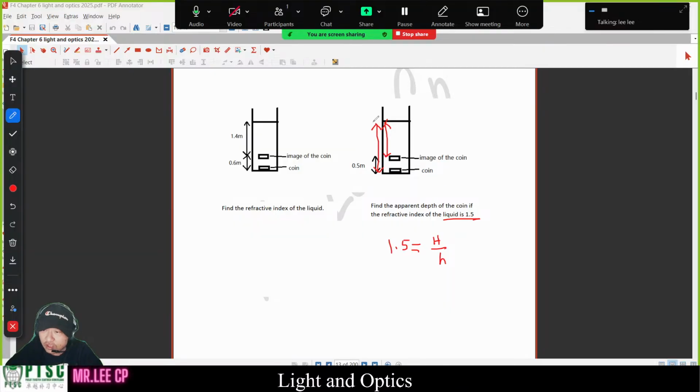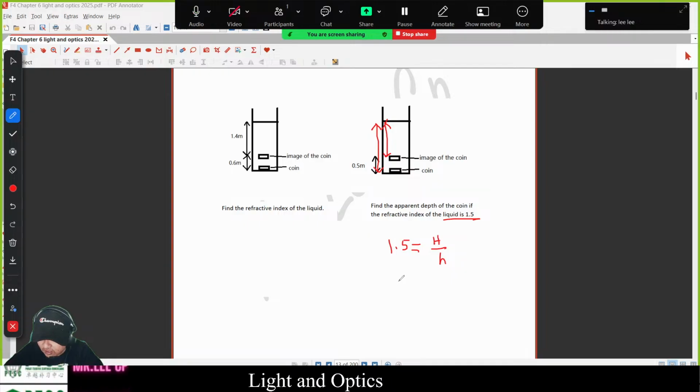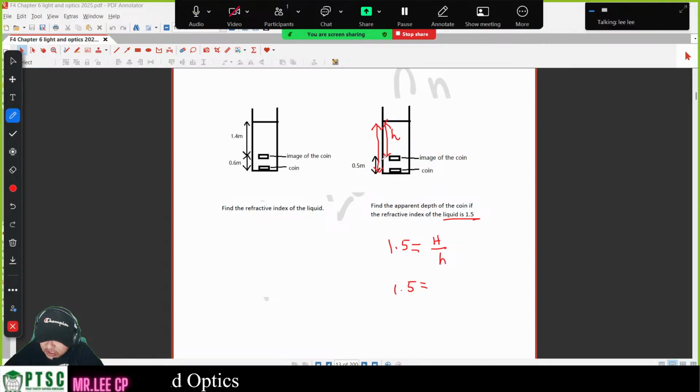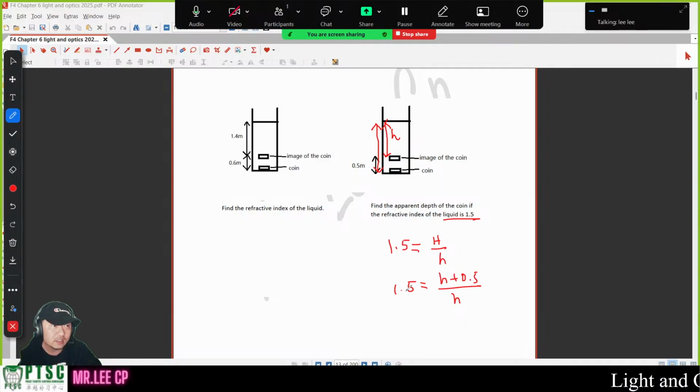You're going to put it as H, right? So it is find the apparent depth. Apparent depth, I put it as H. 1.5 is equal to real depth H plus 0.5 over apparent depth H. So you times it up, then you can do already.